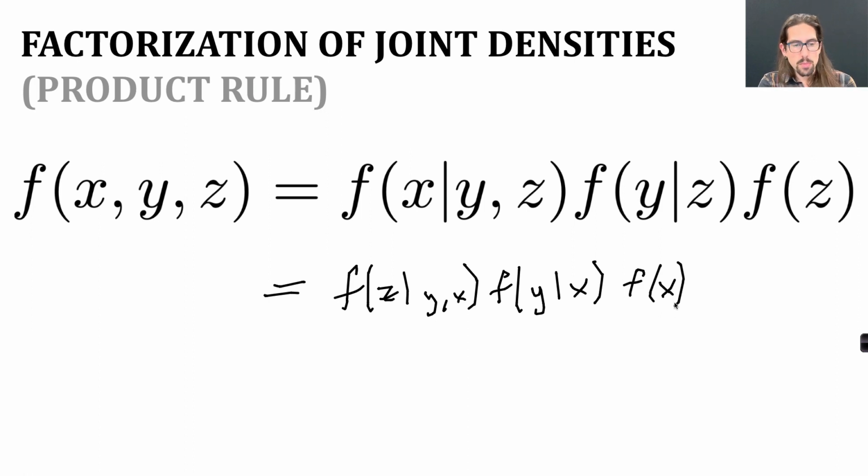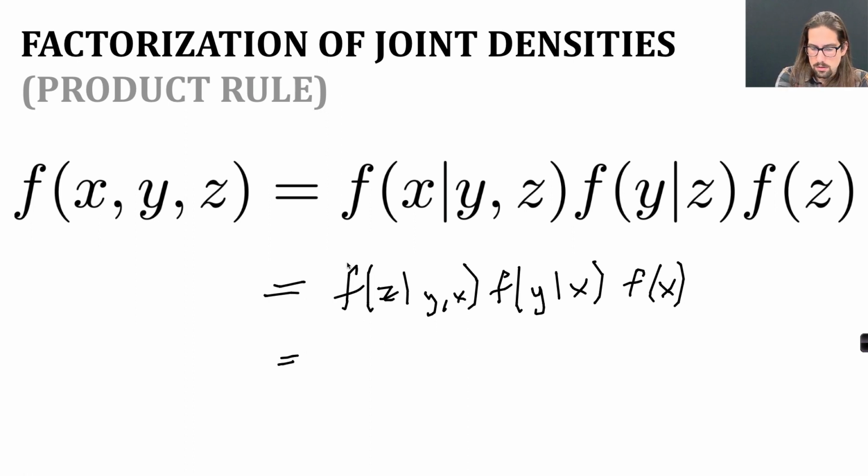Okay, and remember, if it's a little confusing, you can just fix x, y, and z, and then this is just one number, the product of 3 numbers. But the way I'm writing it here, where x, y, and z are free, we're saying this function of x, y, and z factors into the product of these 3 functions, where you can again think of a function as just getting a particular number out of a table according to the inputs.